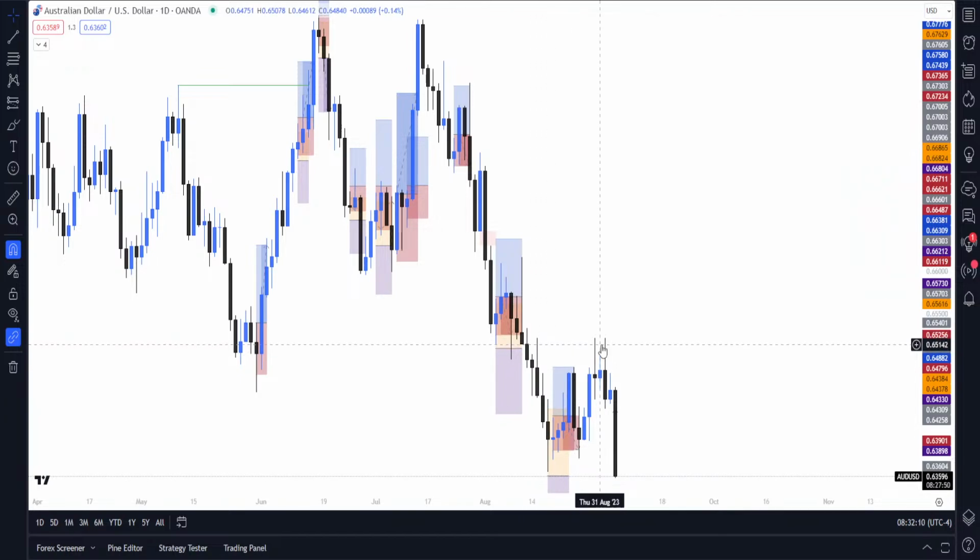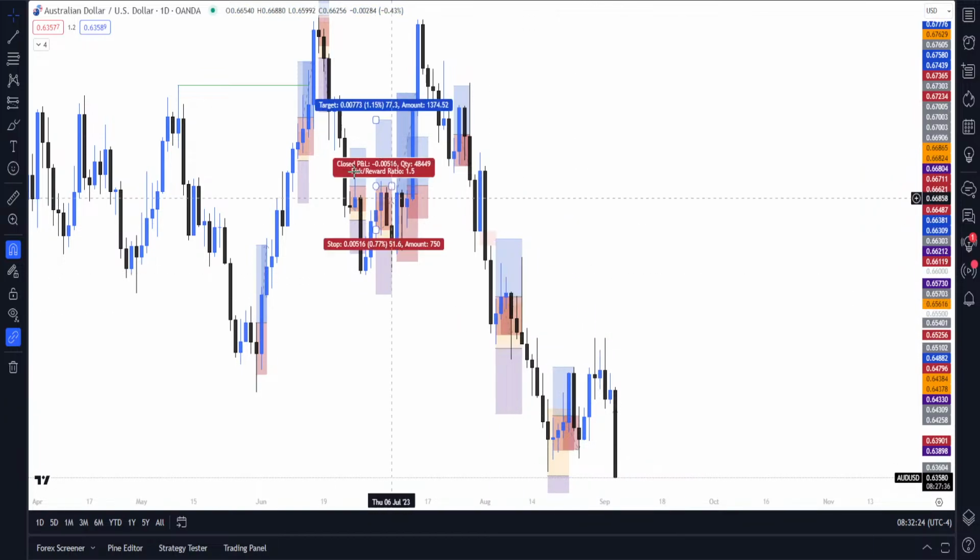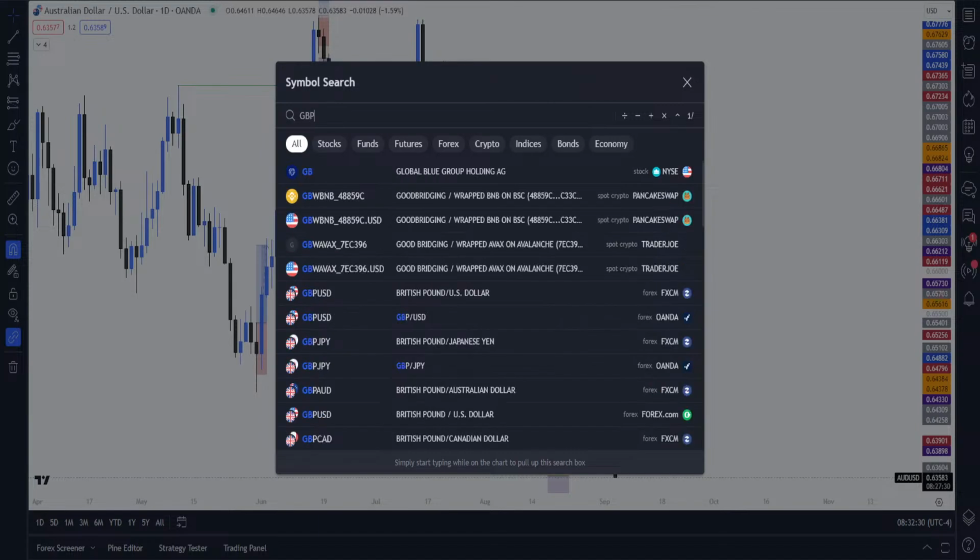So we saw it run out this right here. I see it going lower, and let's take a look at some other.